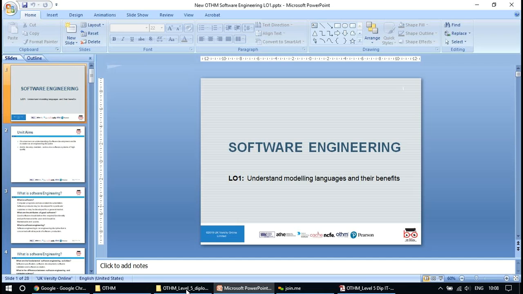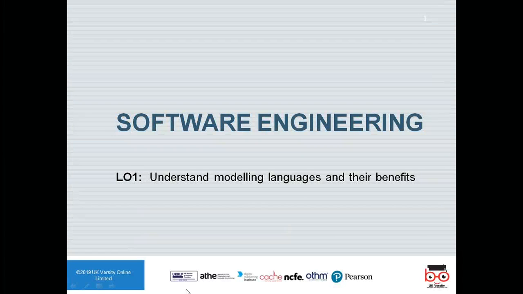So software engineering is the systematic way of developing software. Let us go through some very good definitions that I have put into the slides.